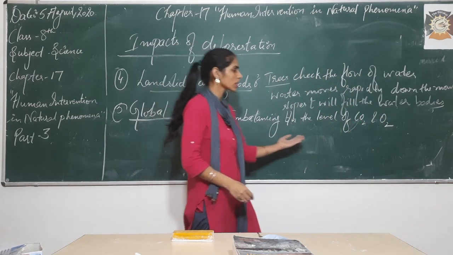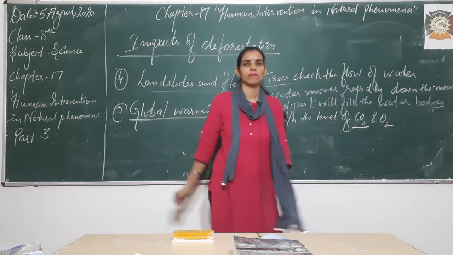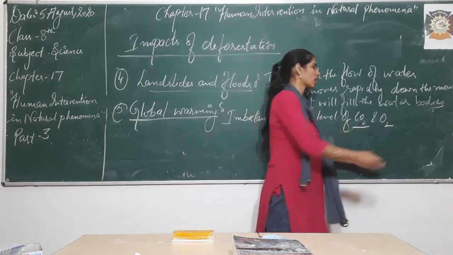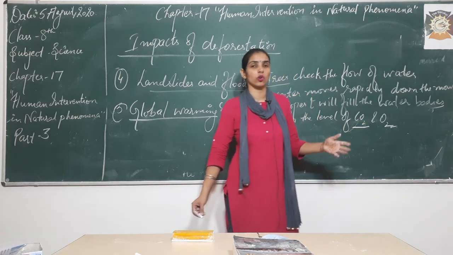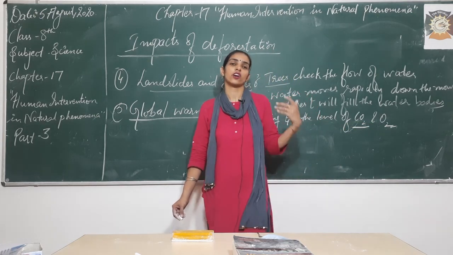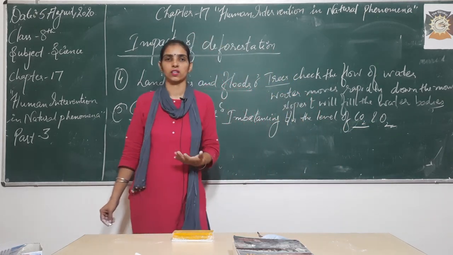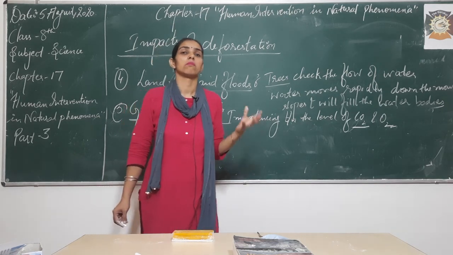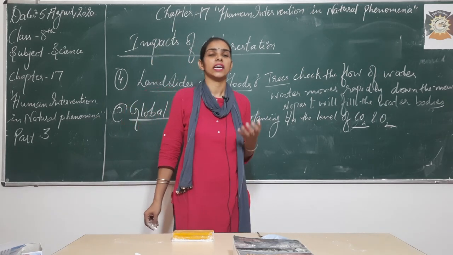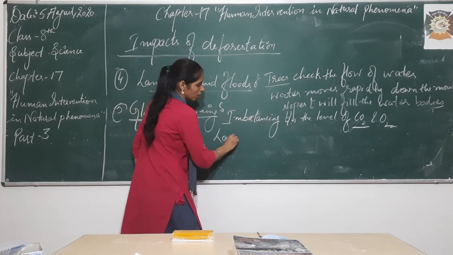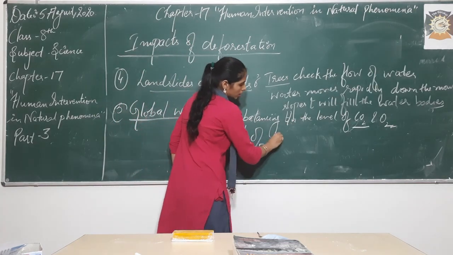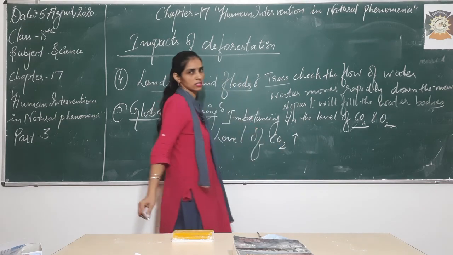That means more carbon dioxide will be there and no trees are there. They are not giving O2. They are not giving much O2, but yes, they are not even taking our carbon dioxide, okay? What will happen? Much carbon dioxide will increase in the atmosphere. That means level of carbon dioxide will increase, okay?